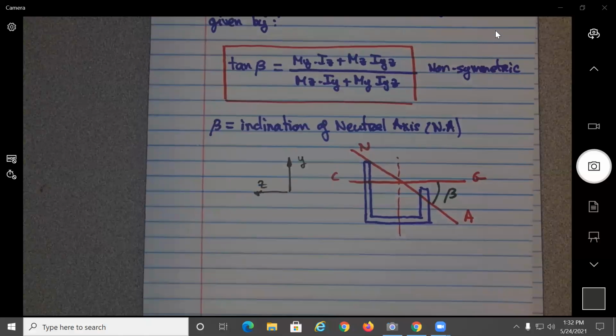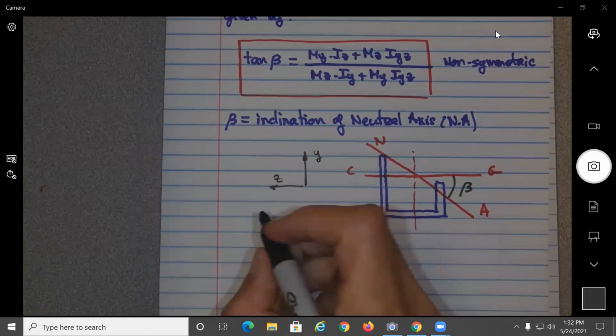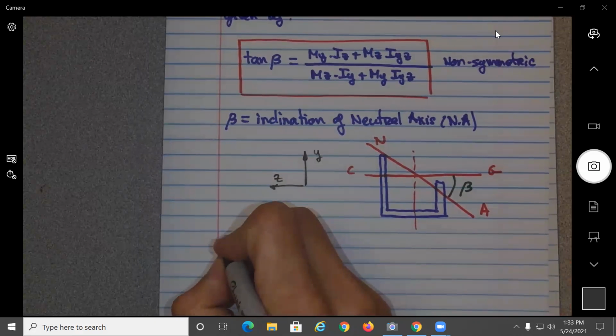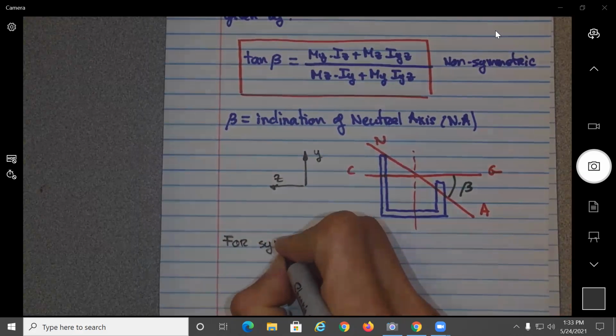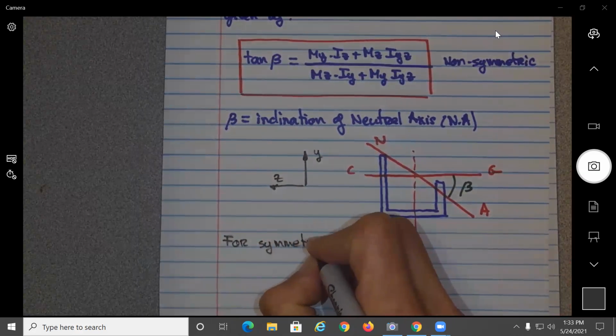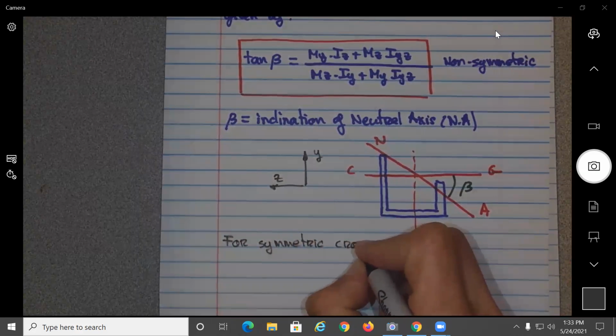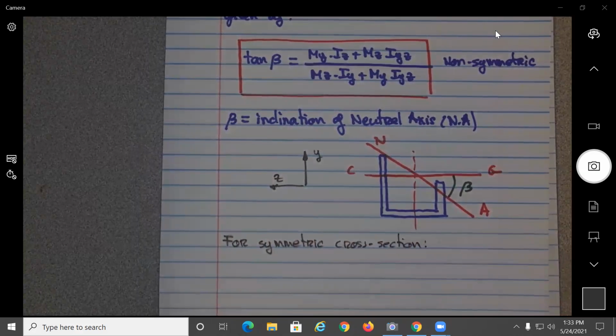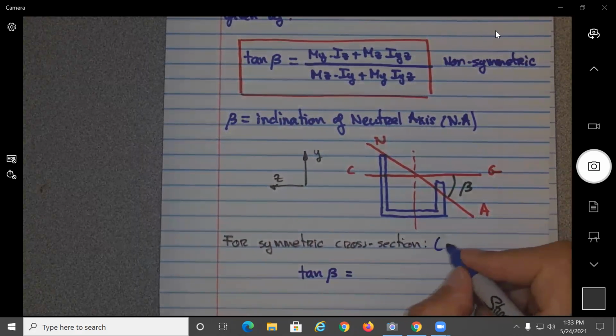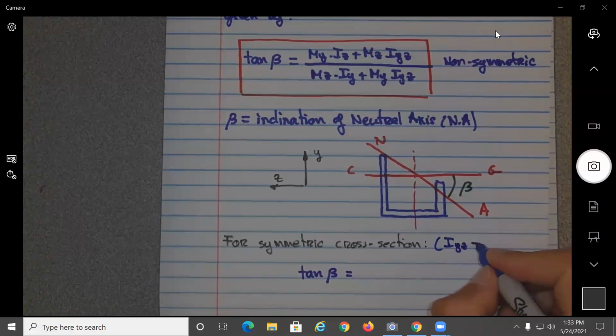All right, so don't get confused over here. I'm going to write it down. So for a symmetric cross-section, you can also have that angle, and we're going to see when, okay? Tangent beta. If it's a symmetric cross-section, what does that mean? It means that IYZ is equal to 0.